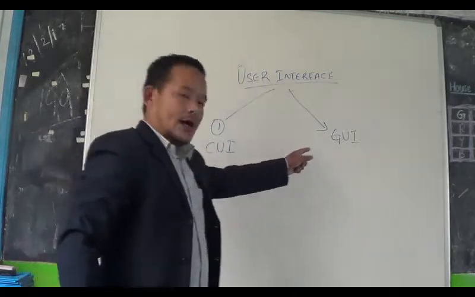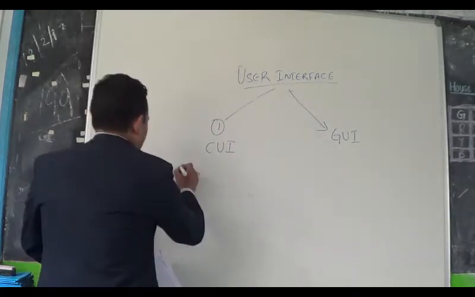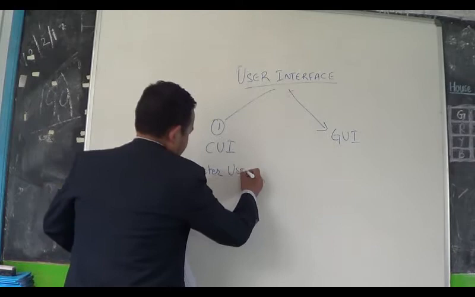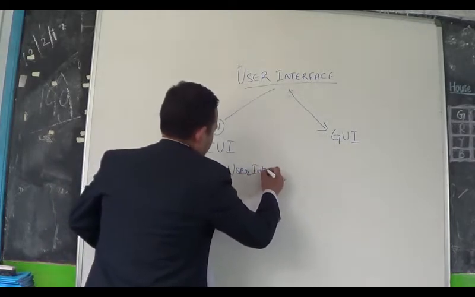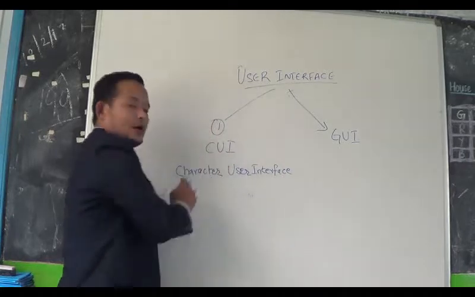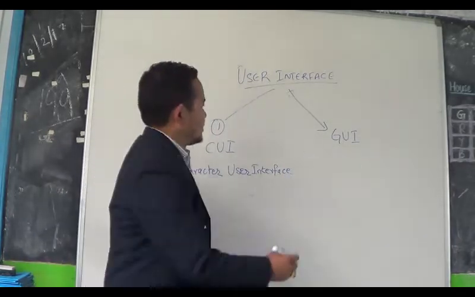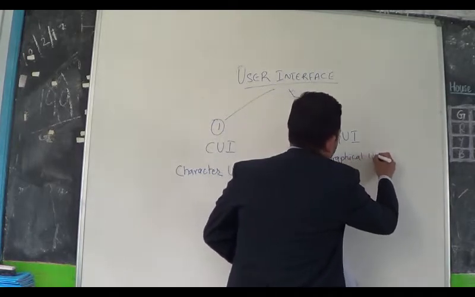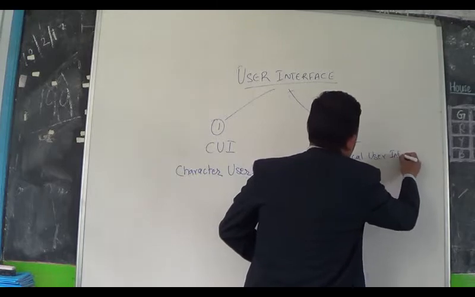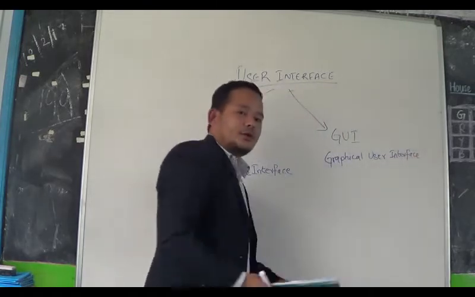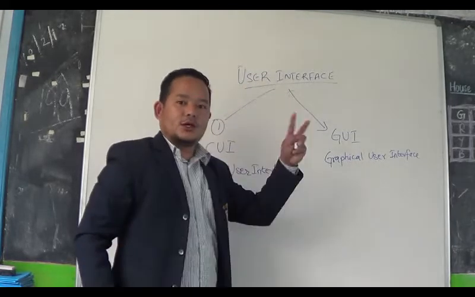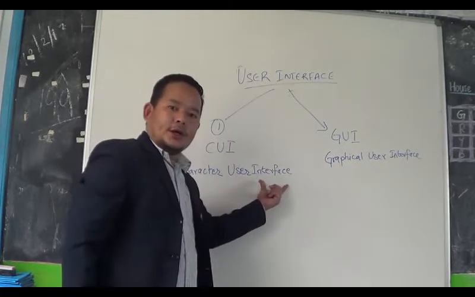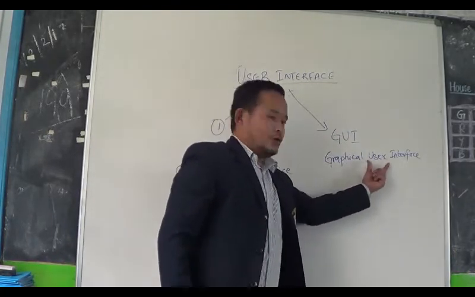So, what is CUI and what is GUI? CUI is known as character user interface, and GUI is known as graphical user interface. So user interface is of two types: number 1 CUI and number 2 GUI. What is CUI? Character user interface. And what is GUI? Graphical user interface.